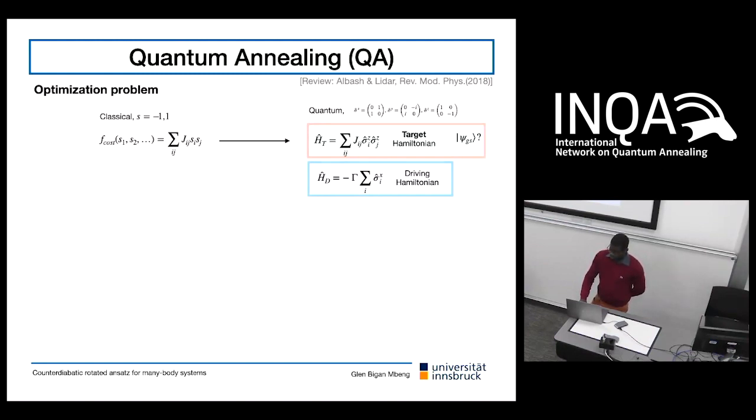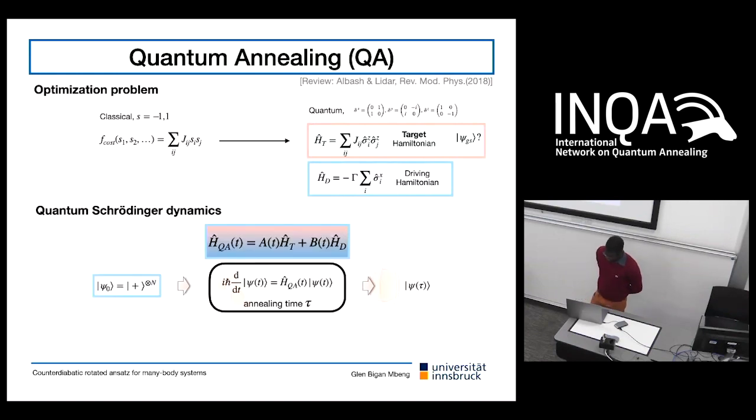To have quantum effects, we add a driving Hamiltonian, which usually is assumed to be the transverse field driving. To solve the problem, we use a Schrödinger dynamics, where we consider this interpolated Hamiltonian, which interpolates between the driving Hamiltonian and the final target Hamiltonian.